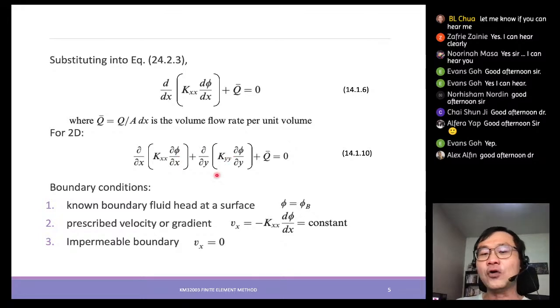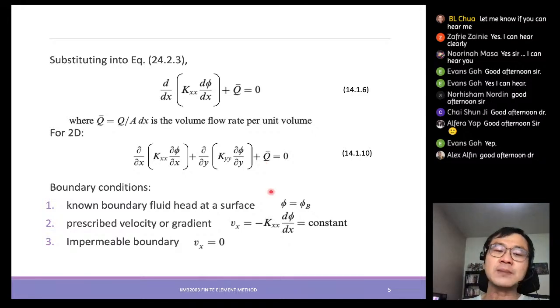Okay, same thing for y. You have these general terms, plus q equals to 0. If you are dealing with a three-dimensional case, then yes, you also have delta z as well, another term for that.